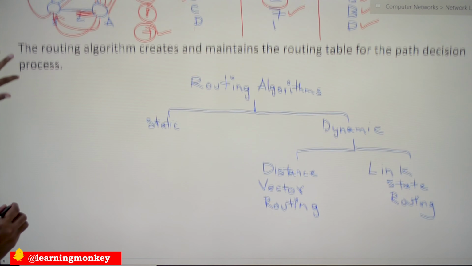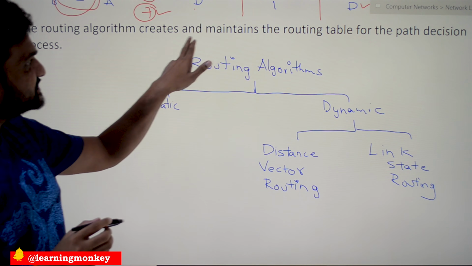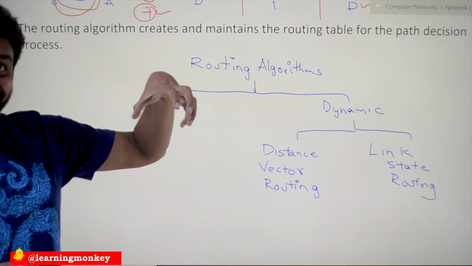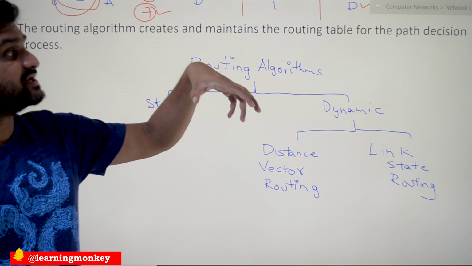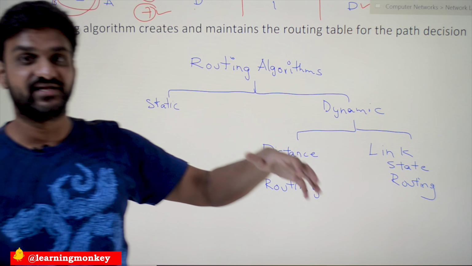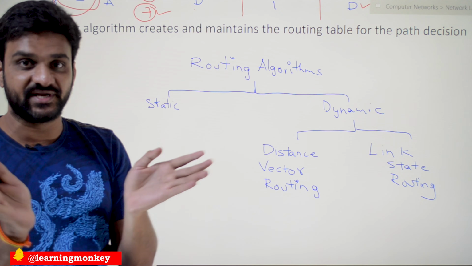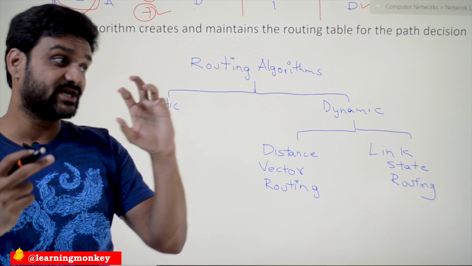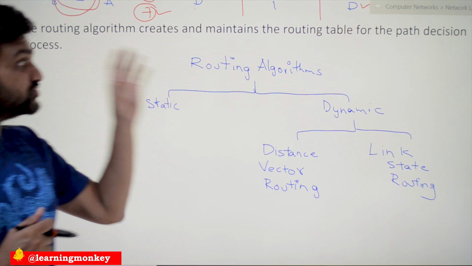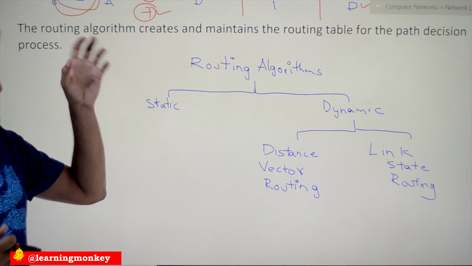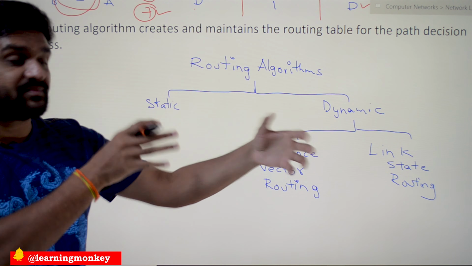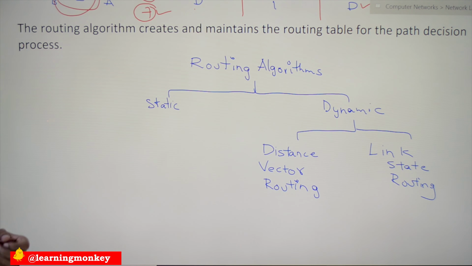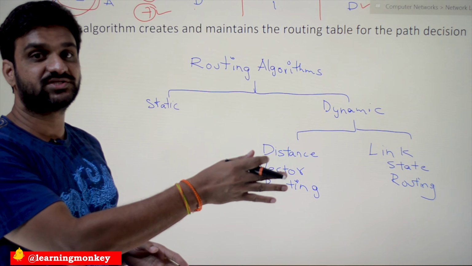Routing algorithms create and maintain the routing table. What is meant by maintenance? For example, if one of the lines has been disconnected, the routing table will get regenerated. That is what we call maintenance. So routing algorithms create and maintain routing tables for the path decision process.